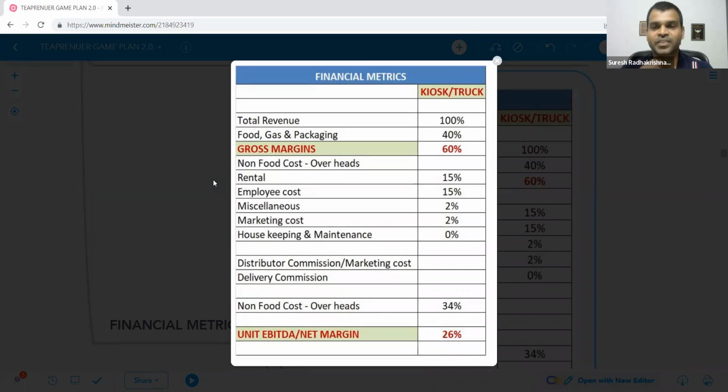Your revenue, your sales minus expense is equal to profit or loss. Let me explain again. You will understand this better. Let's say your revenue, your sale per month, is 3 lakh.